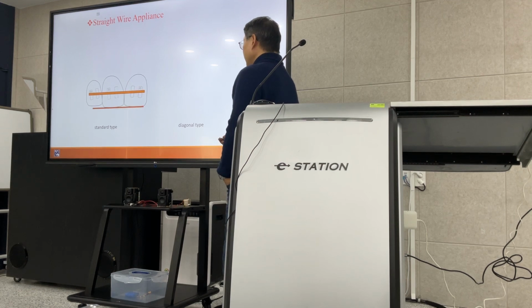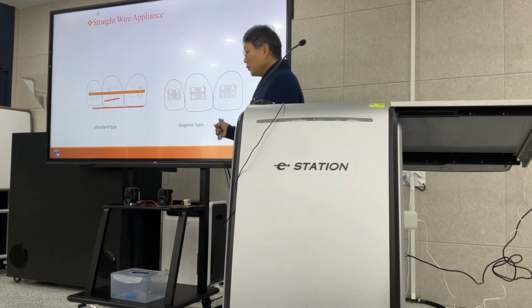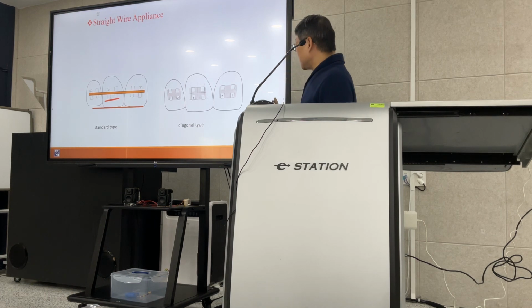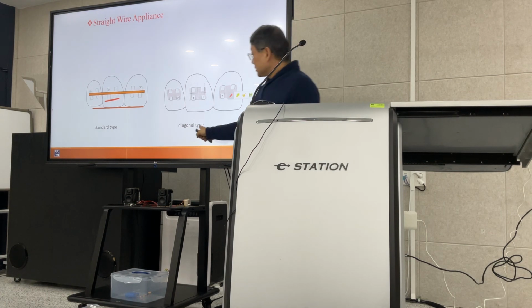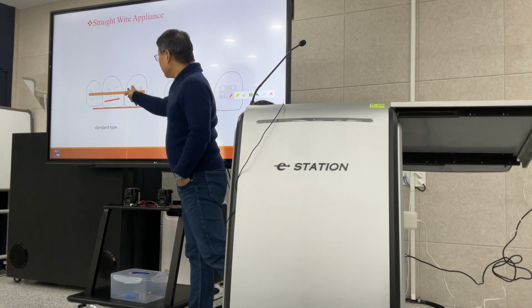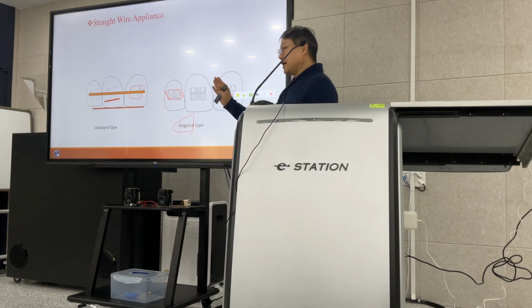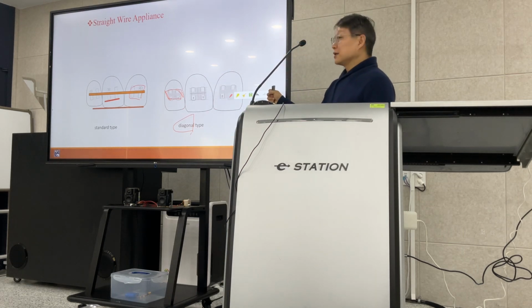Anyway, now we call it this kind of final result. Diagonal means just rectangular, a little bit parallel, and the in-out, and this can represent just one bracket.